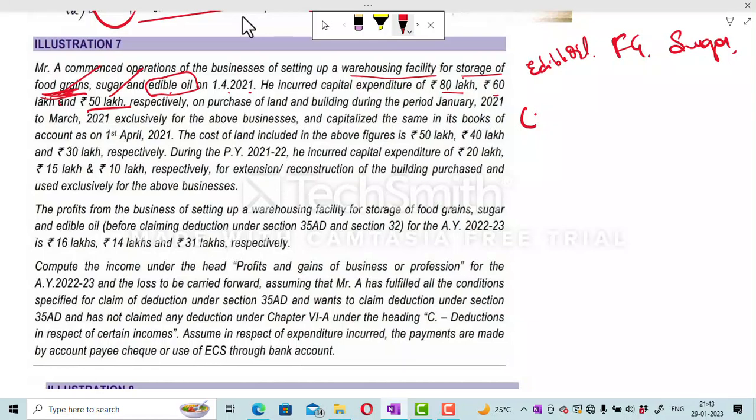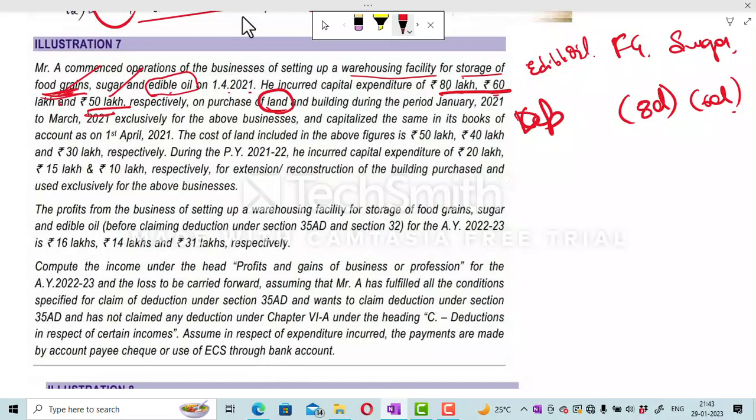Okay, so for edible oil, we need to calculate depreciation. For this one, 80 lakhs deduction is available and 60 lakhs for sugar it is available respectively. On purchase of land and building, they invested the 80 lakhs, 60 lakhs and 50 lakhs for both land and building, but for land no deduction is available.